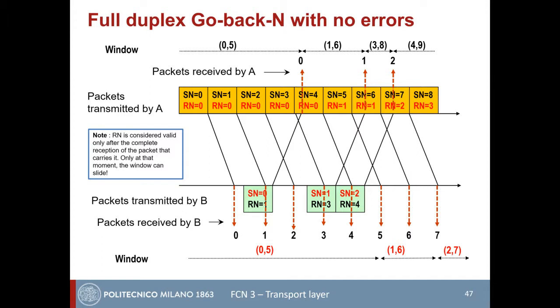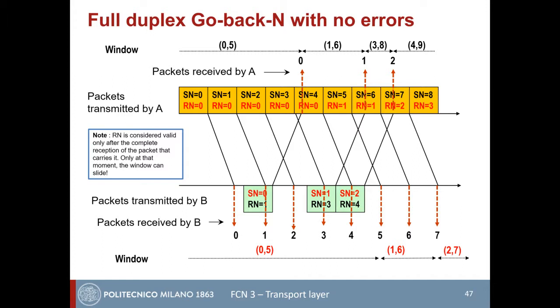So the second packet that B is sending to A has Rn equal to 3. That means I have received completely until frame number 2, because the acknowledgement in Go Back N is cumulative. I am waiting for frame number 3. So this goes to A and arrives at A while A is sending frame number 6.